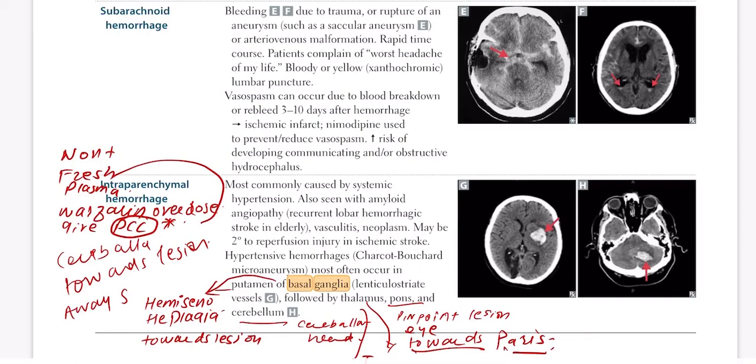Second, how the patient presents is very, very important. If the stroke is in the cerebellum, the patient will present with cerebellar signs. It will be ataxia.